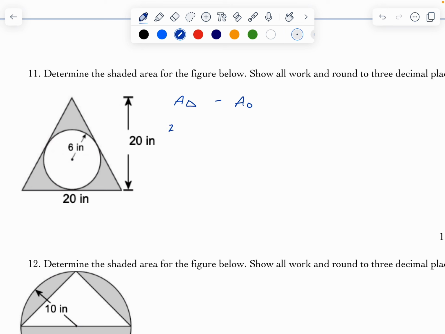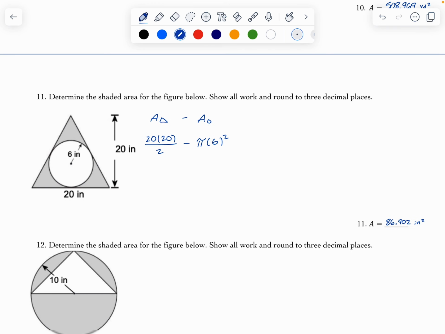The area of my triangle would be base times height, 20 times 20, divided by 2. The area of my circle is going to be pi times 6 squared. Notice I'm not dividing that by 2 because I'm finding the area of this entire circle, not a semicircle. Subtract, and I get 86.902.